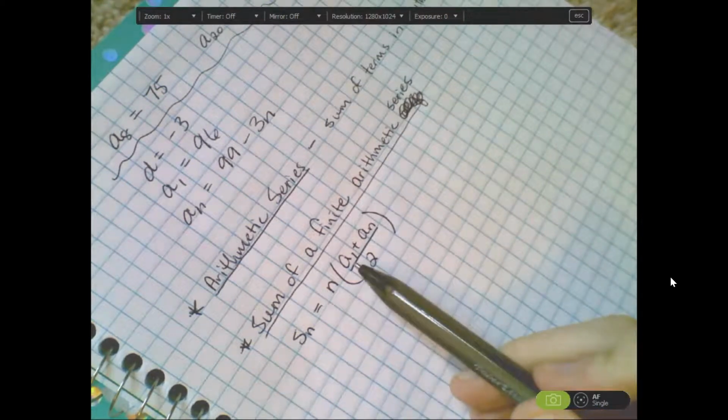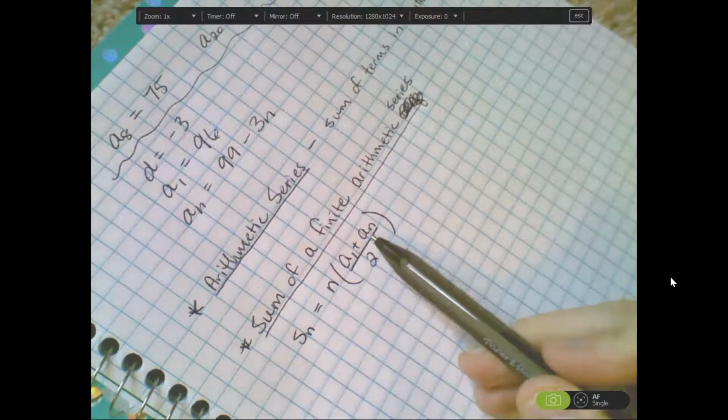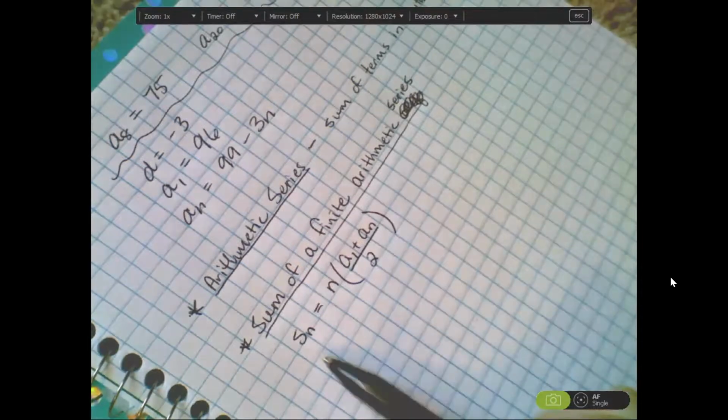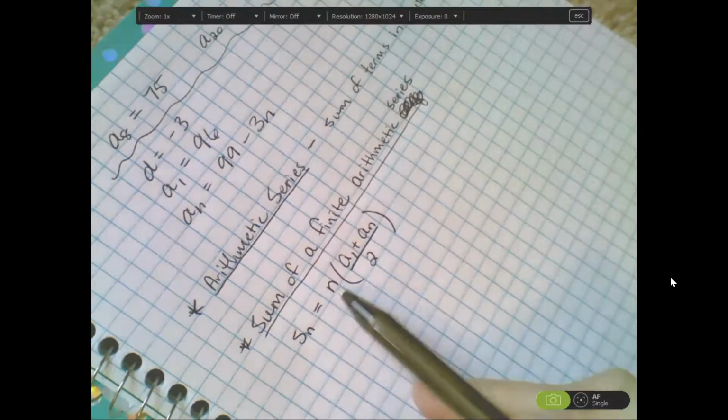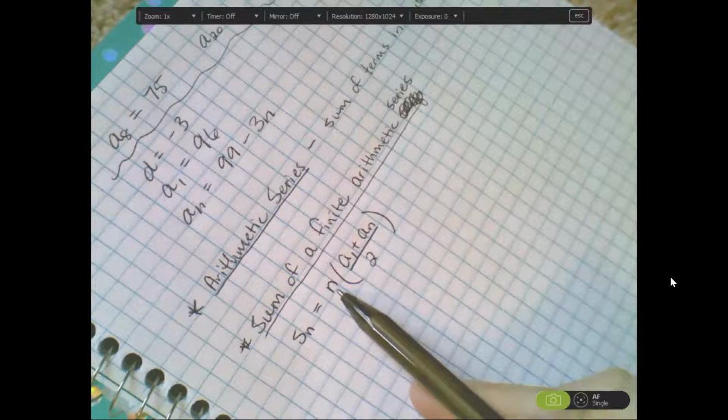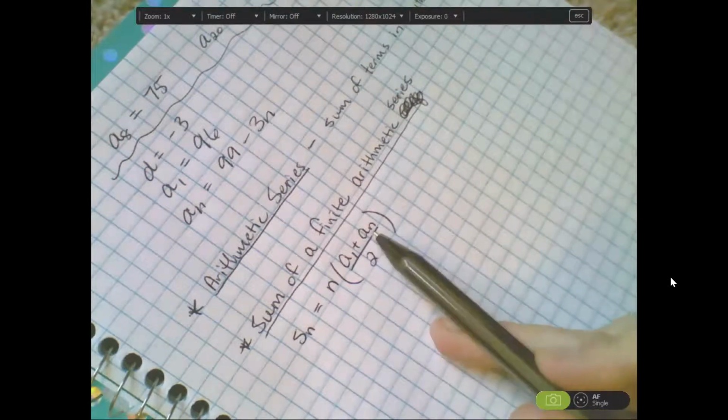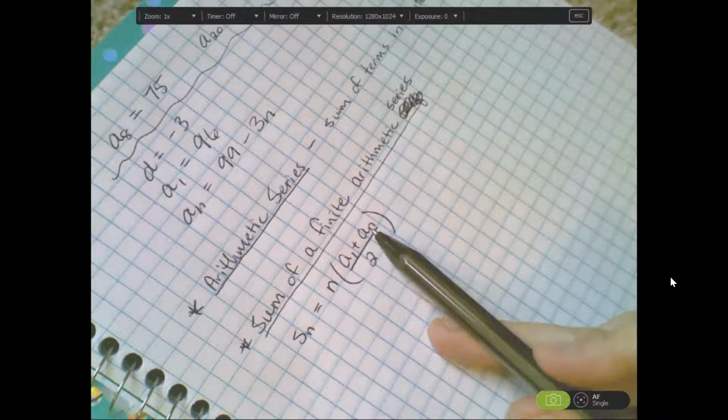This is the first term. This is going to be the last term that we're adding up. So again, if this was 7, then this would be a 7 as well. We're adding 7 things together. This would be the 7th term in our list. A sub 7 would be the 7th term in the list.